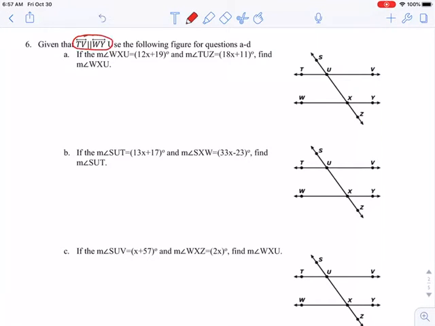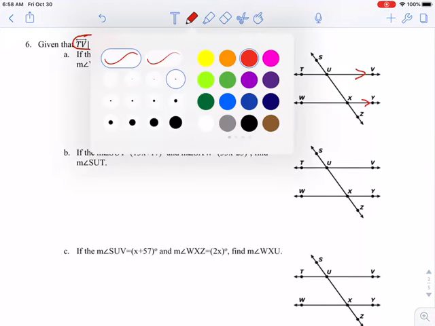All right, given that T, V, and WY are parallel. So I'm going to make a notation. Use the following figures for questions A through D. Remember, we always have to be really good at reading angles.